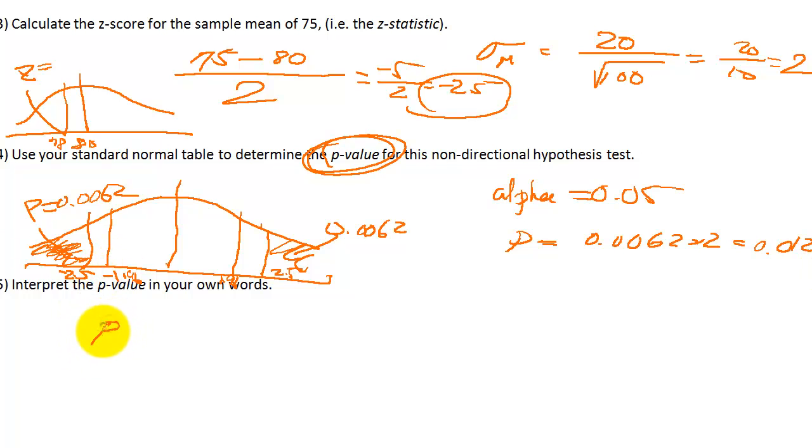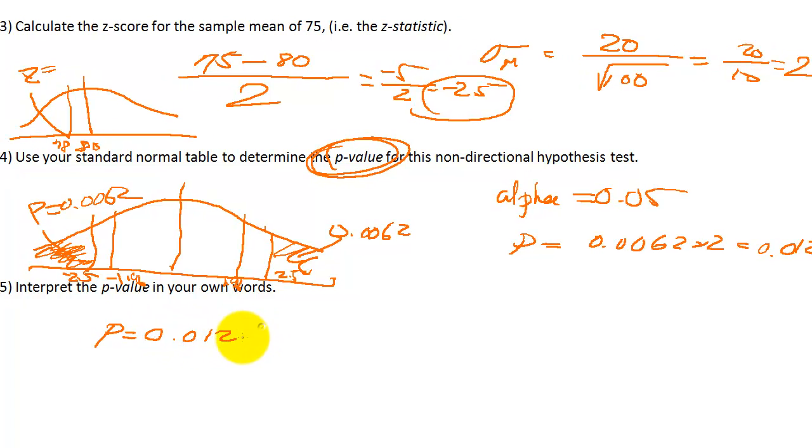The p-value of 0.0124 is smaller than alpha 0.05.